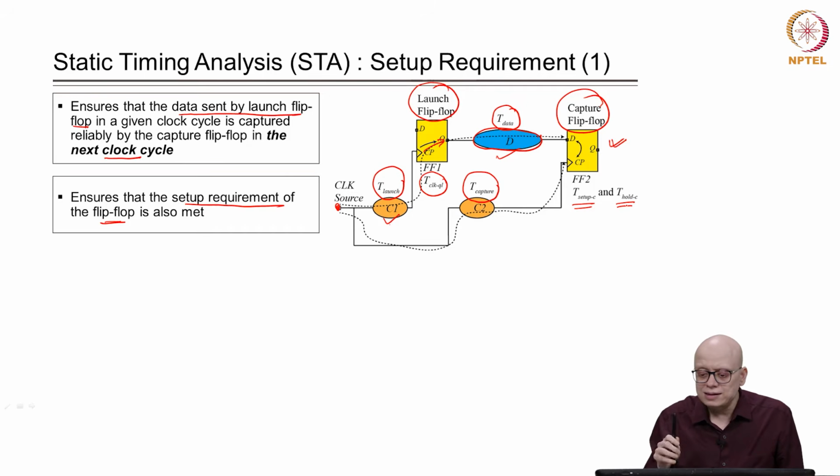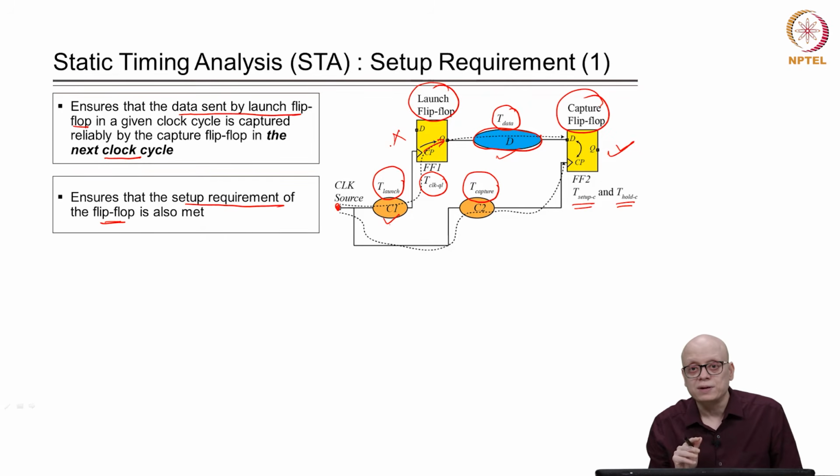Now, understand that we are considering the setup and hold requirement at the capture flip flop, not at the launch flip flop, right. At the launch flip flop, the check is not happening. The check of timing is happening at the capture side. For a pair of flip flops, the check for setup and hold time happens at the capture side of the pair.